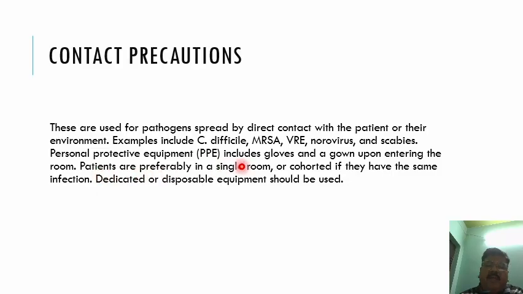Patients are preferably in a single room or cohorted. Cohort means the patients with similar symptoms or similar disease-causing agents are grouped together and kept in the same room. If they have the same infection, dedicated or disposable equipment should be used, and the equipment should be disinfected after the discharge of the patient.